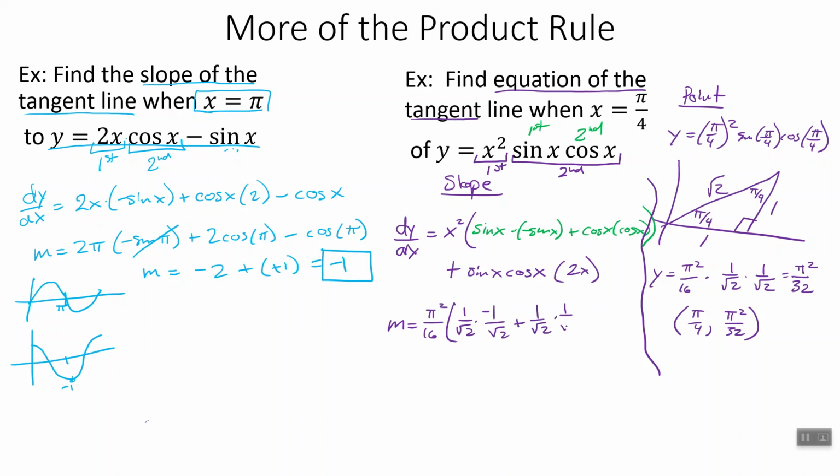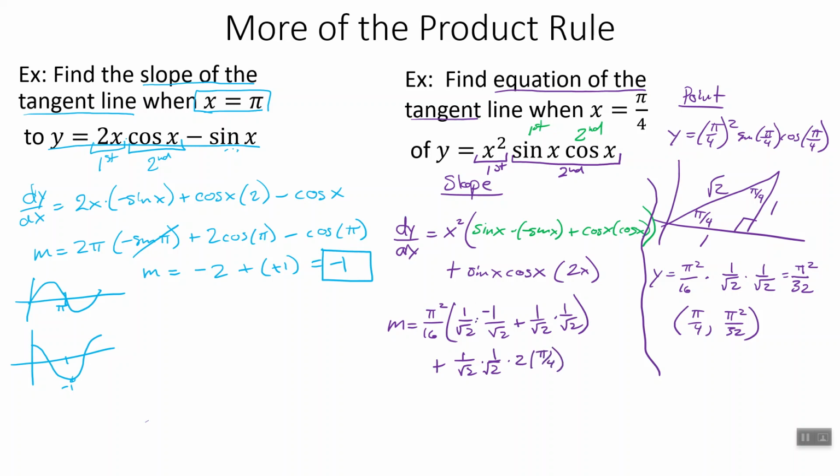So another 1 over the square root of 2, plus sine, 1 over the square root of 2, times cosine, 1 over the square root of 2, times 2x. And remember, x was pi over 4, so 2 times pi over 4.